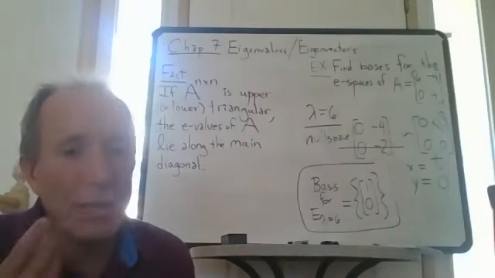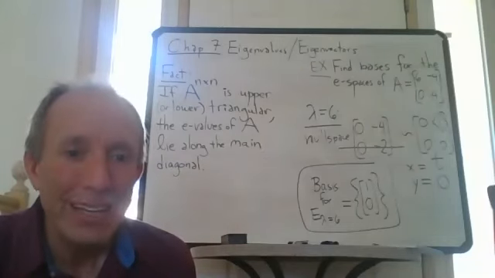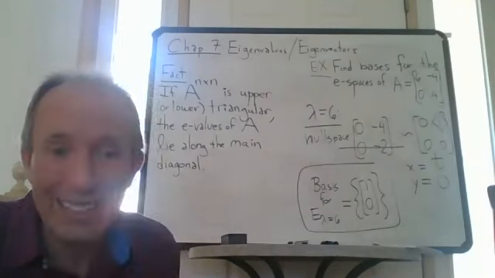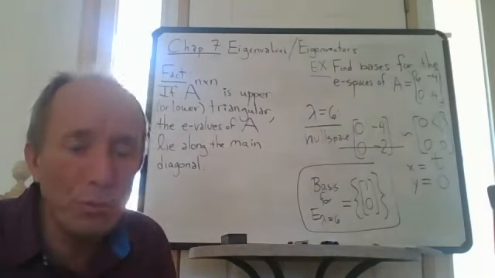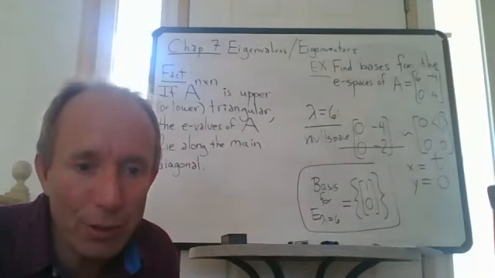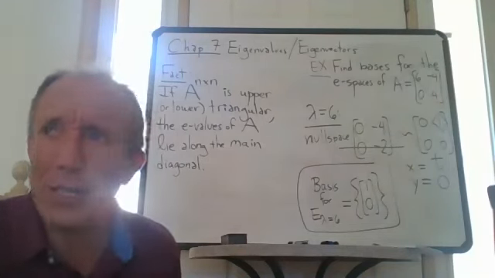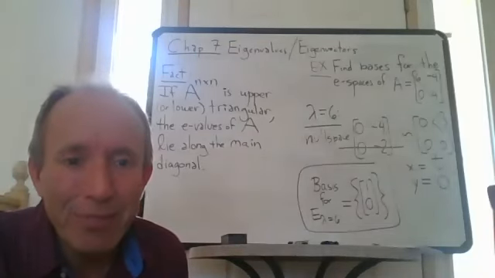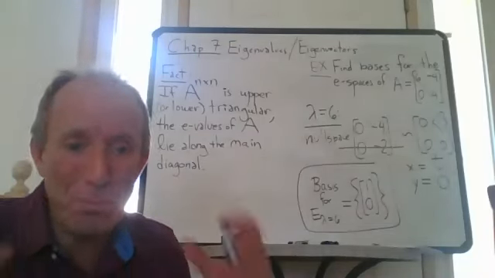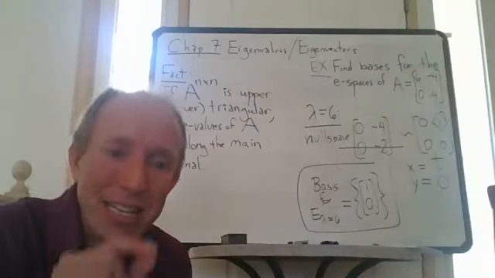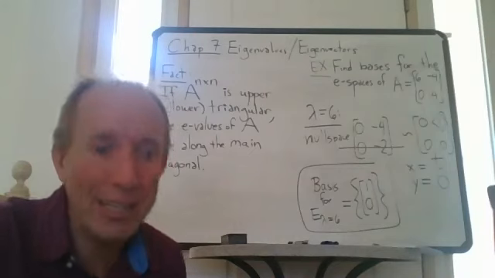This gets to be useful and important when you're asked to create an example of something. Let's suppose I ask you to create a matrix that has a certain set of eigenvalues. Say I want a matrix that has eigenvalues 3, 7, and 10, right? Well, what you can do is just make a triangular matrix whose diagonal entries are 3, 7, and 10.